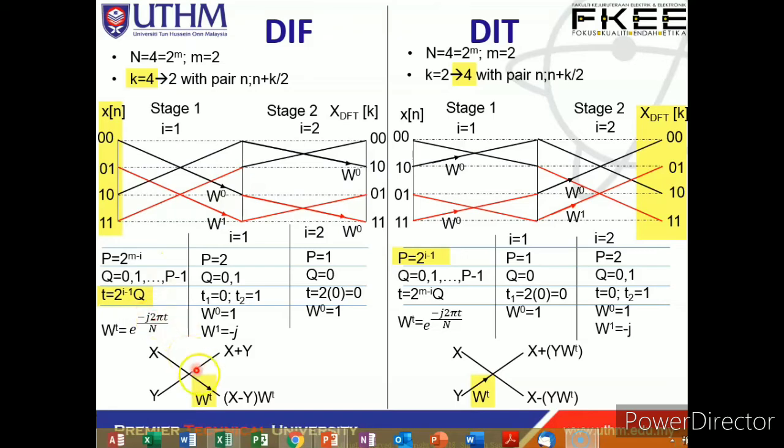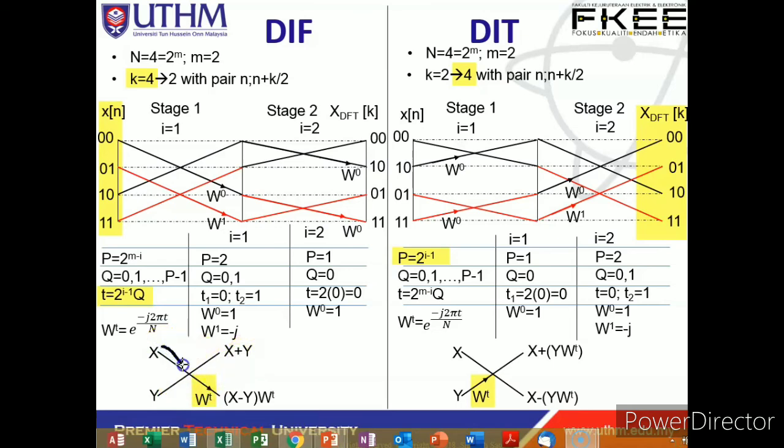Okay, the last difference is the location of the weight. So how can we get this equation, x plus y and x minus y multiplied with the weight? Actually, you just need to memorize the figure of the butterfly. And as for the DIF, our weight is at the lower part of the right side. So how can we get this value?